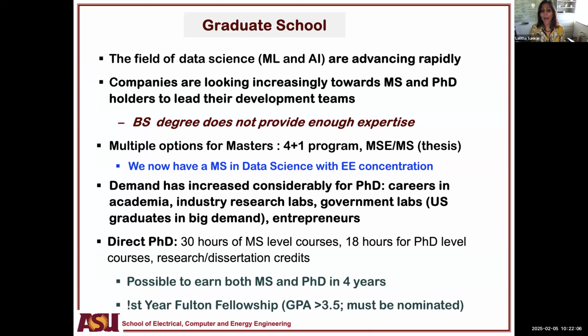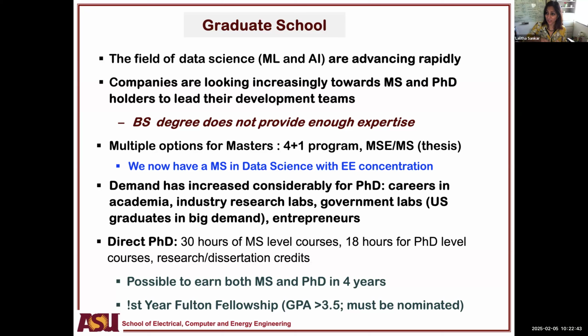Consider doing a 4+1 at a minimum, or a 4+2, because it gives you expertise beyond the breadth of a bachelor's degree to find the right jobs, and to identify what you like in EE, in computer engineering, or in data science. And honestly, I think you know this, the market has changed in the last 10 years, where there is a demand for people with expertise. So the 4+1 and the master's really help in those ways.